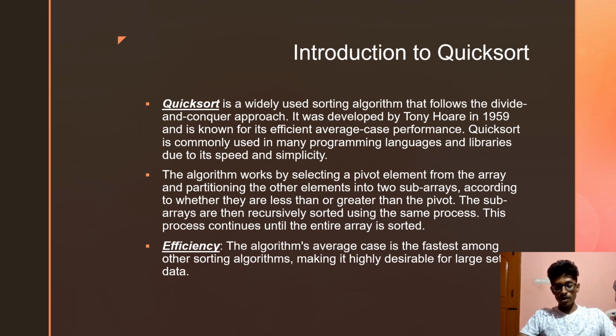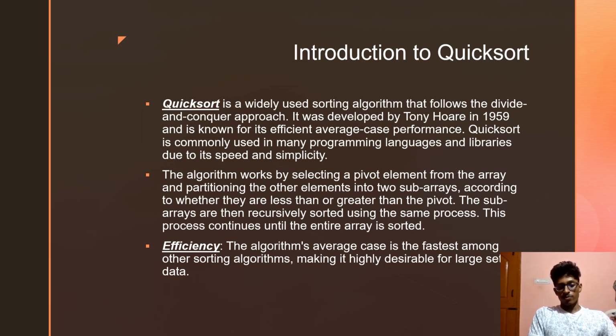So Quicksort basically uses the divide and conquer approach where, in an unsorted array, a pivot element is taken. The elements which are lesser than the pivot element are shifted to its left side and the elements greater than the pivot element are shifted to its right side.